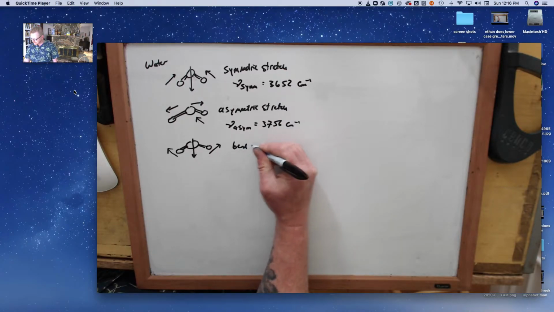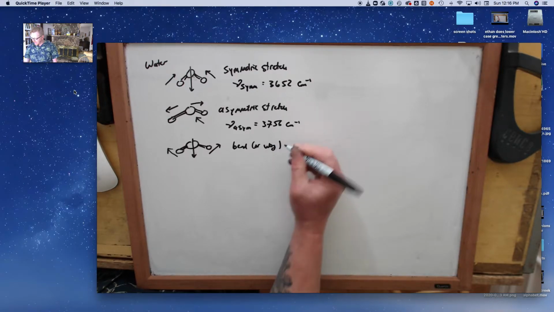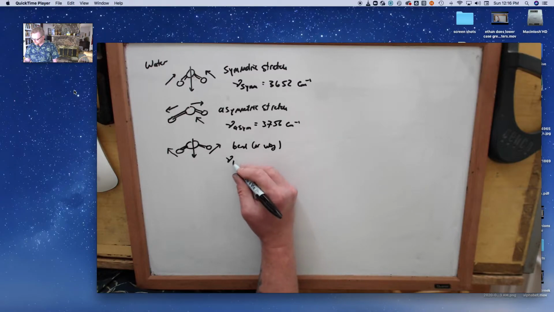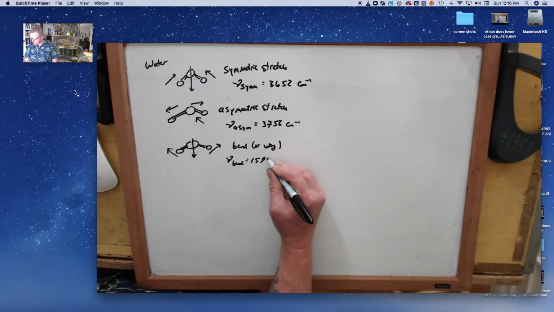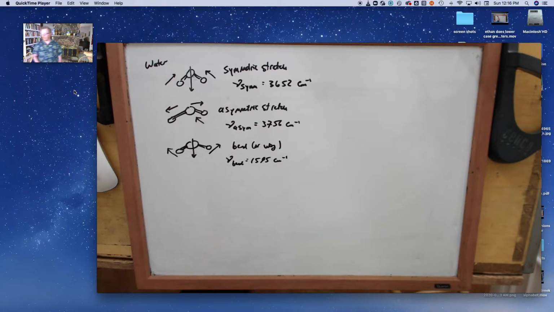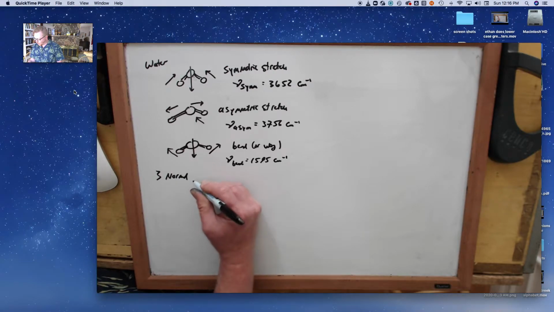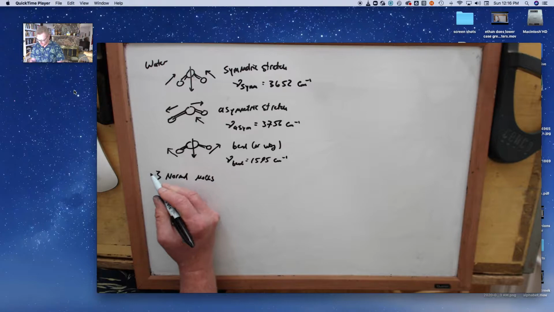So the bend or the wag occurs at a significantly lower energy, nu_bend, at 1595 wave number. And so all three of those are IR active, okay? And so these are three what I'm going to call normal modes, all right?